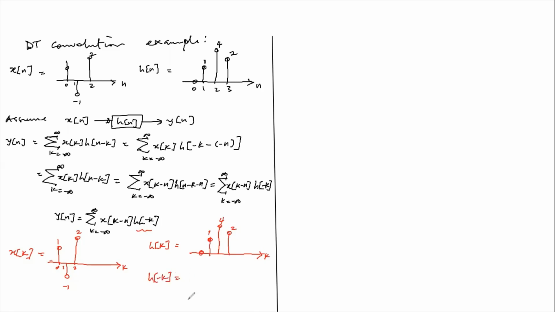And this is going to give us something like this. And then this is 0, 1, 2, 3. So minus 3, minus 2, minus 1, 0. So it means that minus 3 this time, minus 2, minus 1, 0.